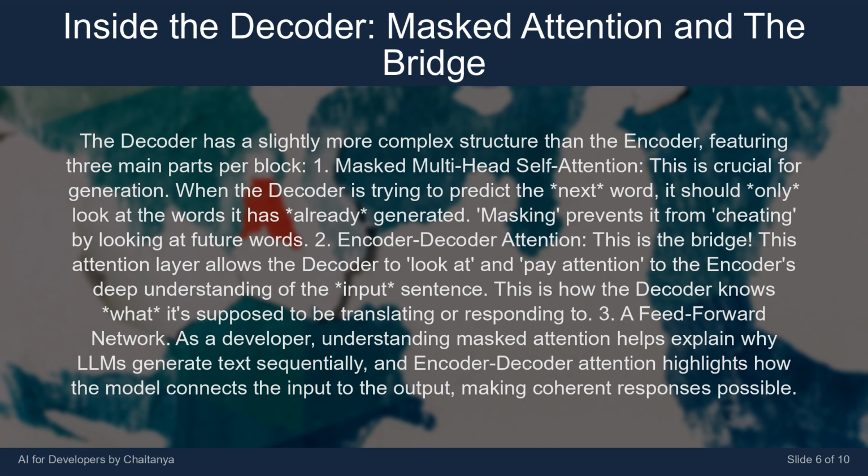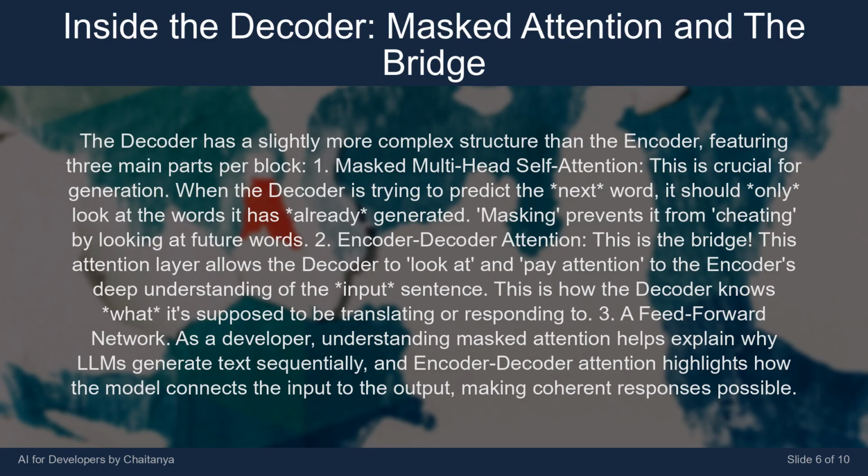Masking prevents it from cheating by looking at future words. 2. Encoder-decoder attention. This is the bridge. This attention layer allows the decoder to look at and pay attention to the encoder's deep understanding of the input sentence. This is how the decoder knows what it's supposed to be translating or responding to.